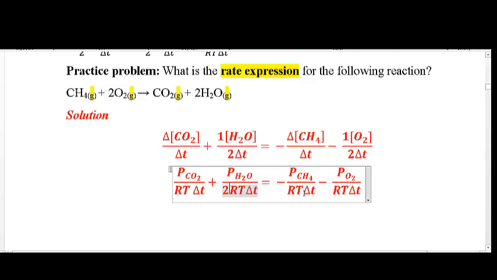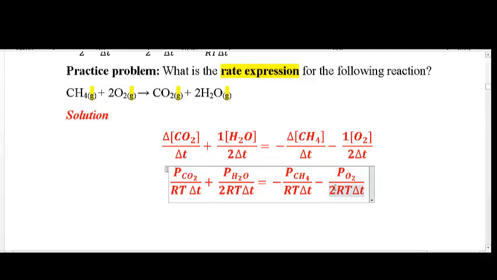Big T is your temperature, lowercase t is your time. There should be a 2 here, 1/2 of the pressure over 2RT times the increment of time. So these expressions should equal one another. The accumulation should equal the decay because of the law of conservation of mass.